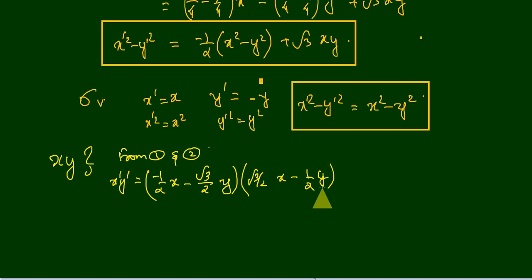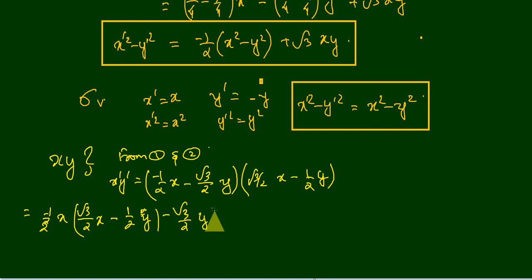Now we can check the product of this. That is equal to minus half x minus root 3 by 2 y, into root 3 by 2 x minus half y.